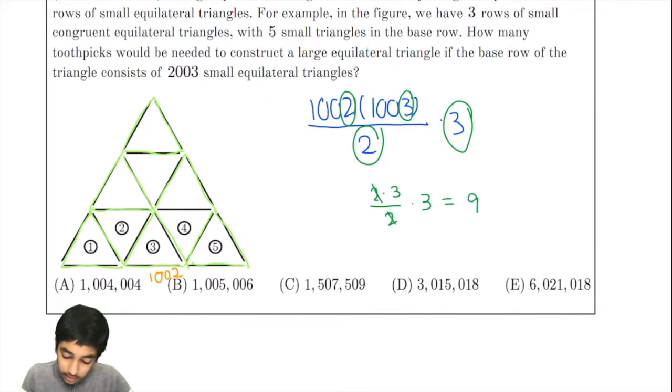So which of these option choices has the unit digit of 9? The only option choice with the unit digit of 9 is C. So we know that that has to be the answer. Rather than evaluating 1002 times 1003 and possibly screwing up there, just look at the unit digit, because that's a unique defining property of the number.